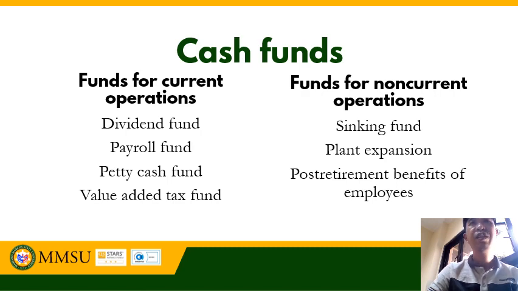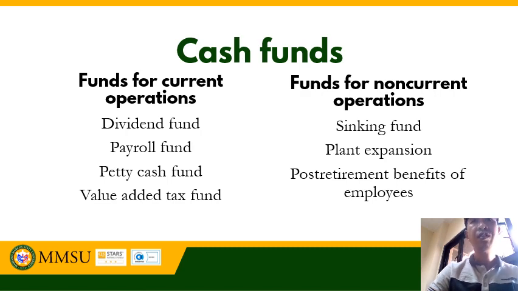Cash and cash equivalents also include cash funds unless they are restricted from being exchanged or used to settle a liability for at least 12 months after the end of the reporting period. Thus, funds for current operations such as dividend fund, payroll fund, petty cash fund, and value-added tax fund are part of cash and cash equivalents.